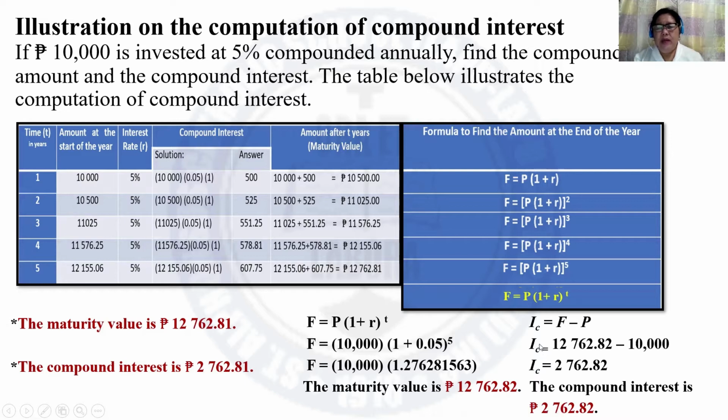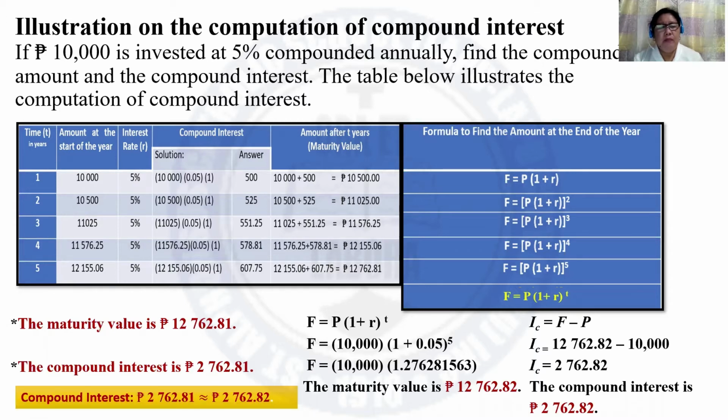And to find the interest, all you have to do is to take the difference of the maturity value and the principal. So the compound interest is 2,762.82. Therefore, the compound interest using this computation and using the formula is very close to each other.